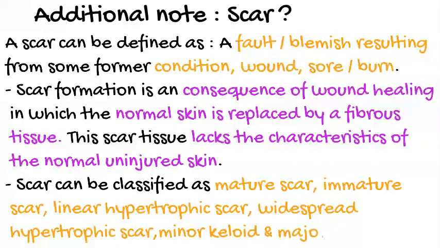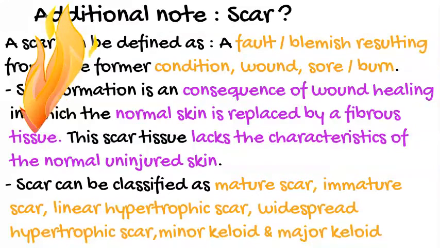This scar tissue lacks the characteristics of normal uninjured skin. Scars can be classified as mature scar, immature scar, linear hypertrophic scar, widespread hypertrophic scar, minor keloid, and major keloid.